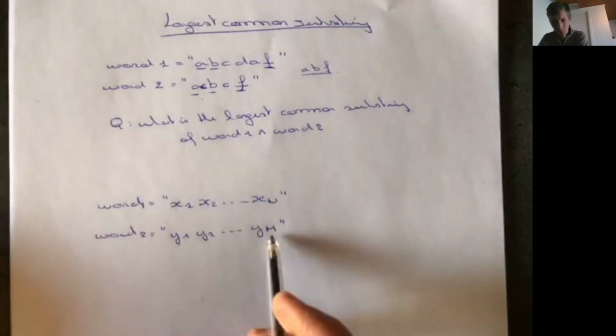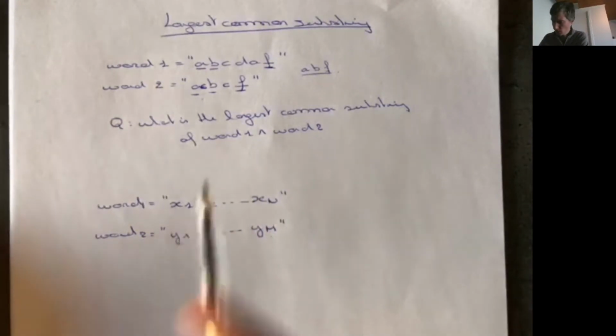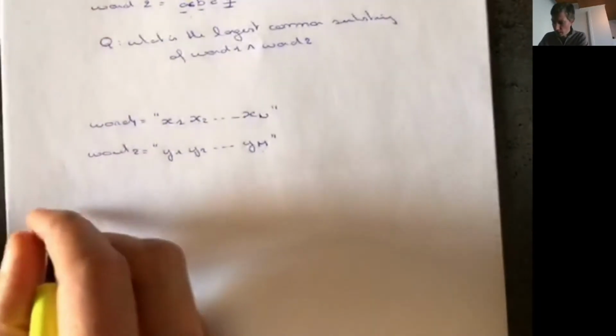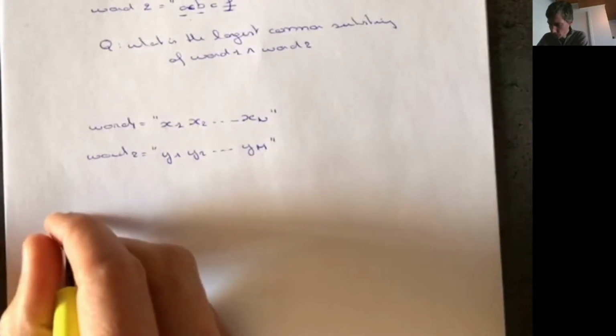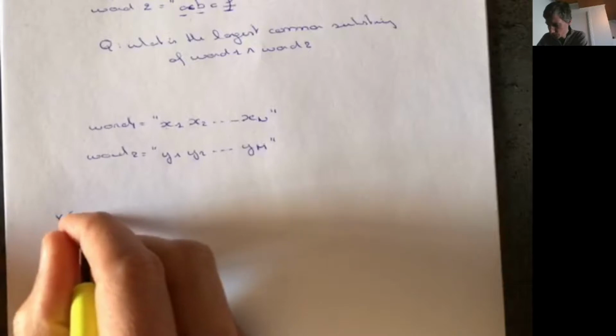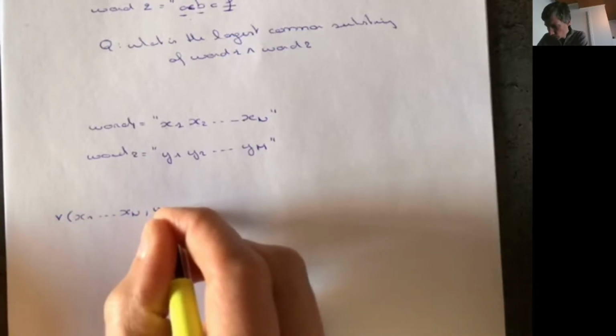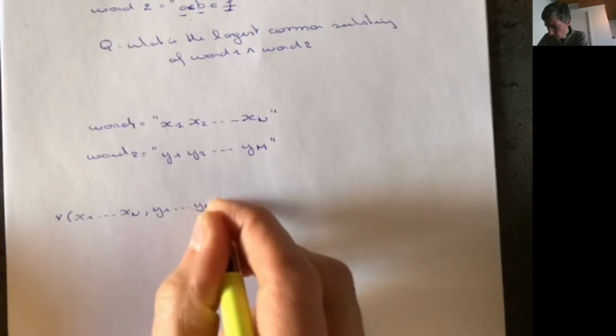So here the length of the word is big N. So y1 is A, y2 is C, and so on. And as usual, I have a function v that takes in these two words, x1 until xn, and y1 until ym, and gives me the length of the longest common substring.